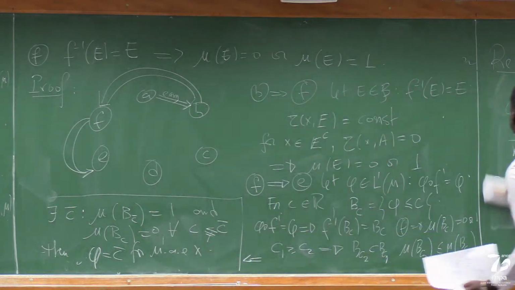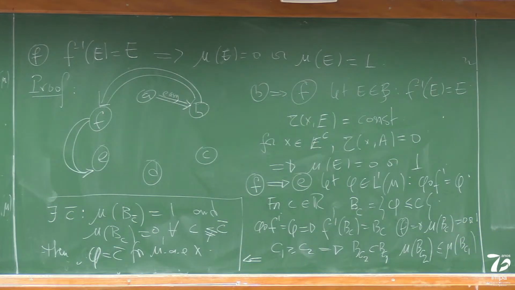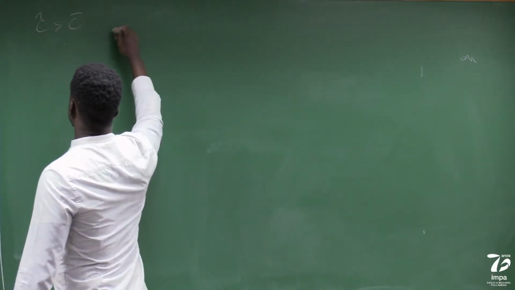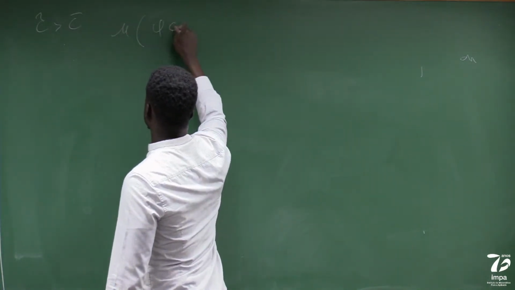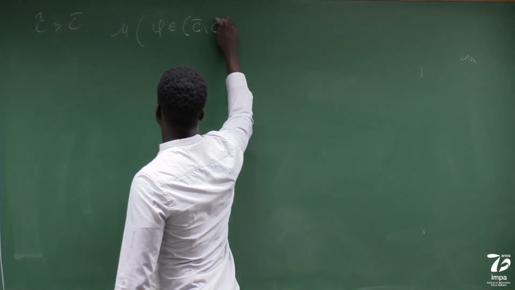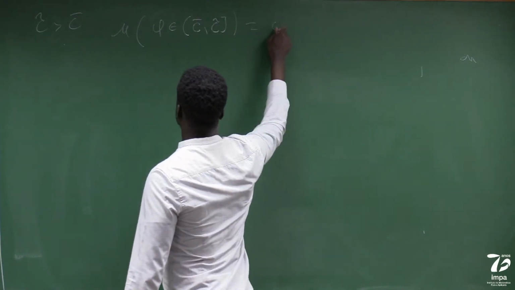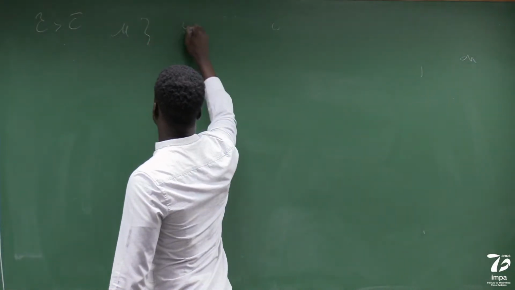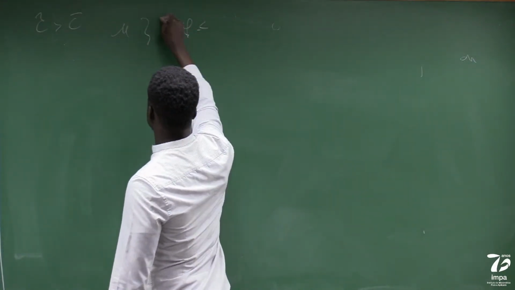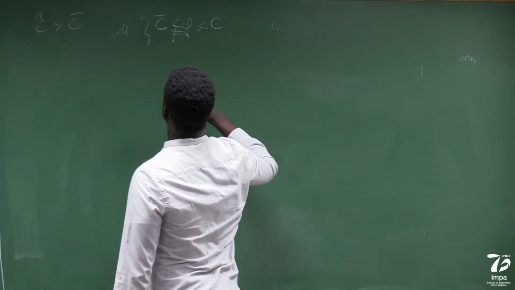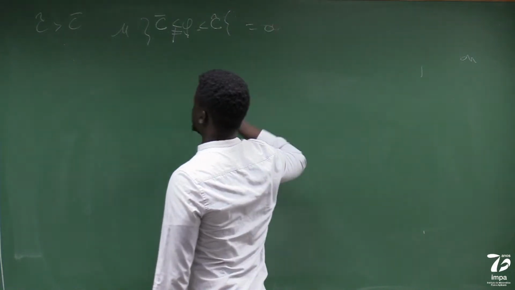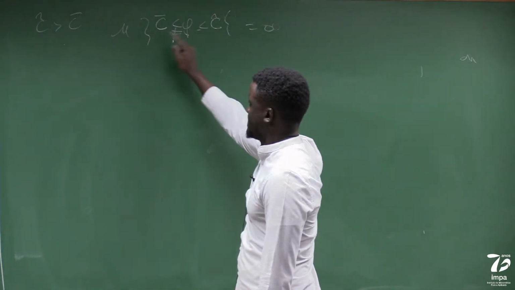So let me write what I'm saying here. If you have C tilde bigger than C bar, the measure of the set of C in C bar to C tilde is 0, because the measure of this guy is already 1.